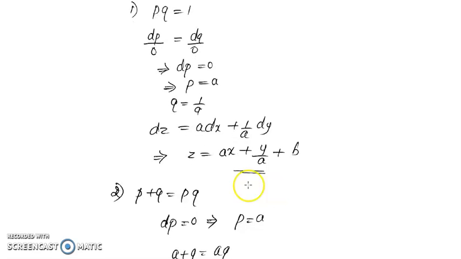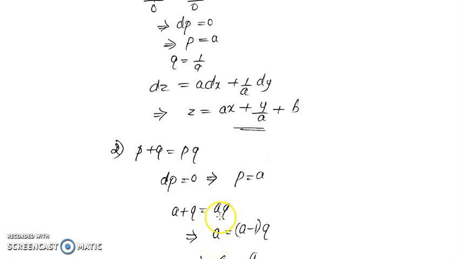One more question: p plus q equal to pq. Again dp by 0 will be equal to dq by 0, so dp will be equal to 0. That gives p equal to a. Substitute p equal to a, so you'll get a plus q equal to aq.